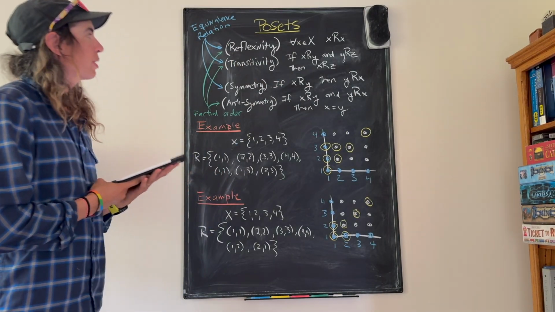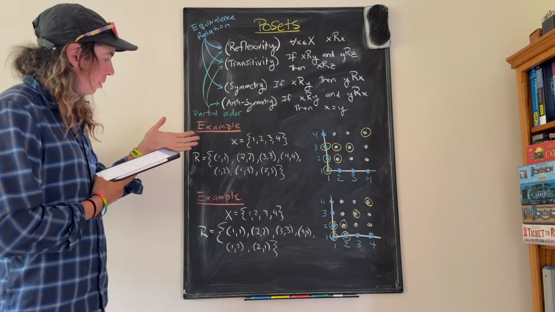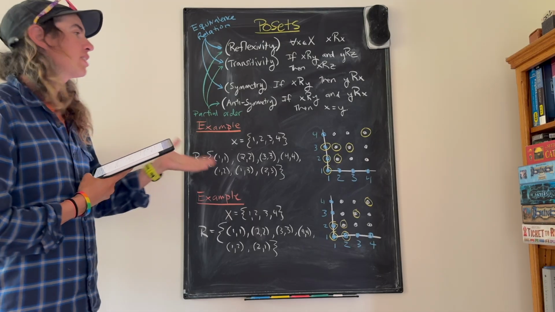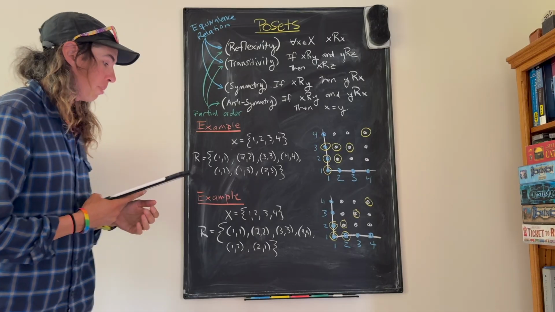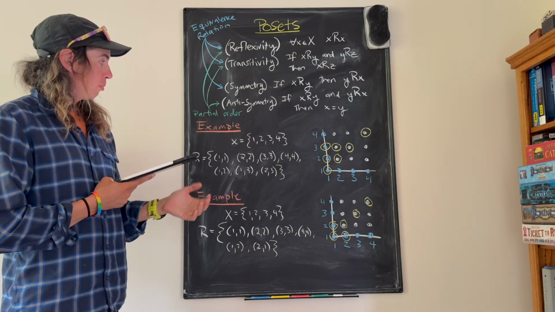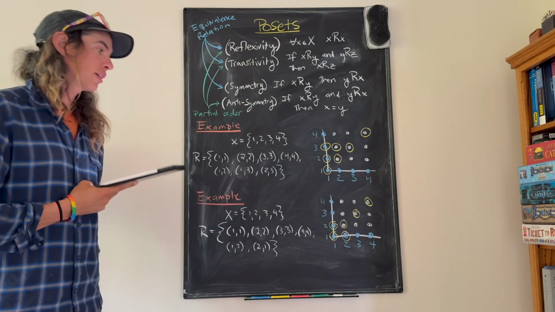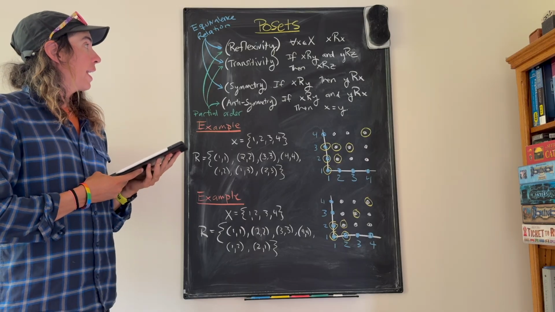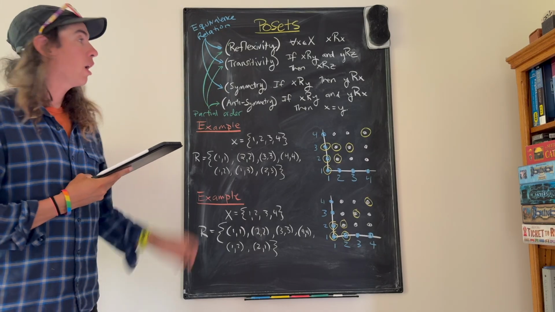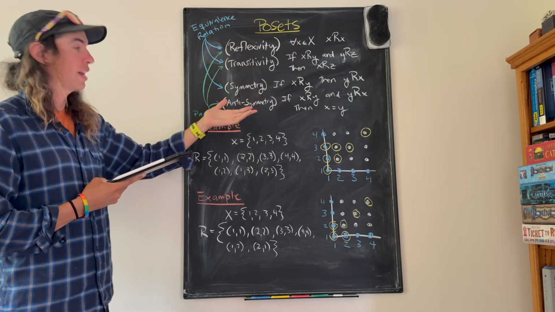Okay, so here we're going to compare and contrast equivalence relations and partial orders via the two examples from before. Remember, we had these two examples of binary relations, both on the set {1, 2, 3, 4}, and I circled the elements of the Cartesian product that are in the relation. Here were the four properties that we discussed before: reflexivity, transitivity, symmetry, and antisymmetry.